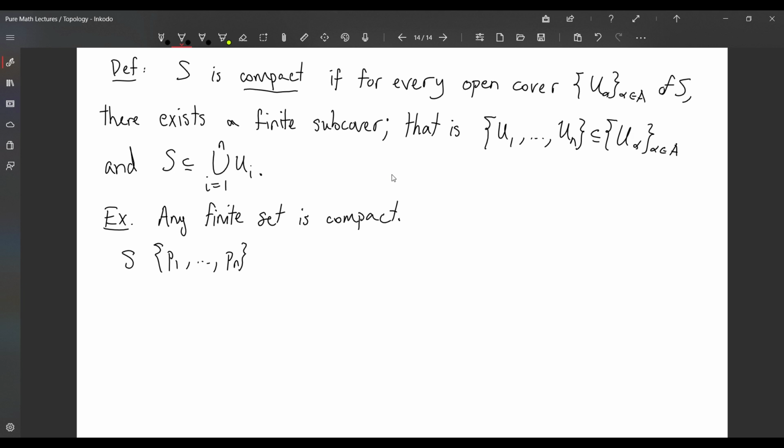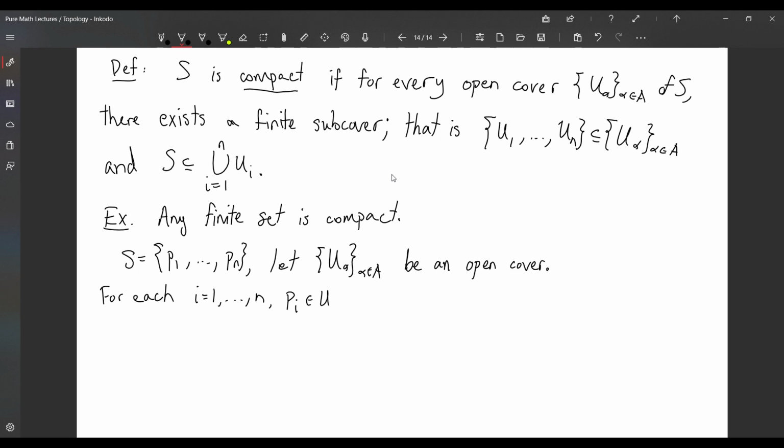So let's consider this to be our set, and let U sub alpha, alpha in A, be any open cover. So what this means is that if S is contained in the union of all the U sub alphas, that means for each i equal 1 through n, P sub i is contained in some U sub alpha sub i, right?